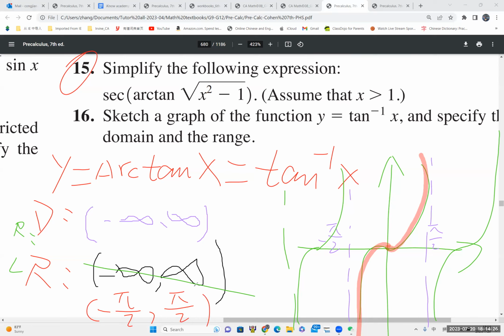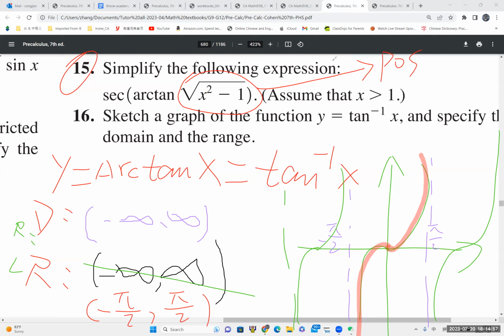Now for arctangent, this is its input. It's greater than 0, so this is positive.